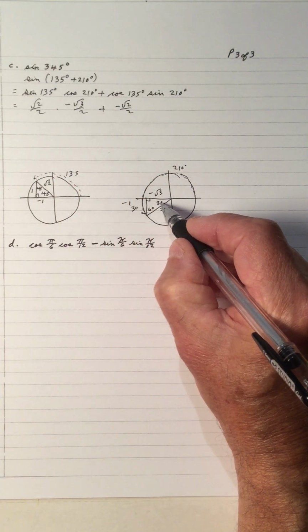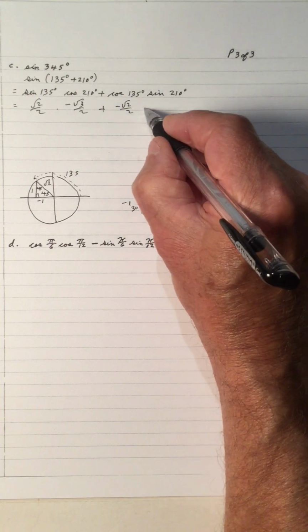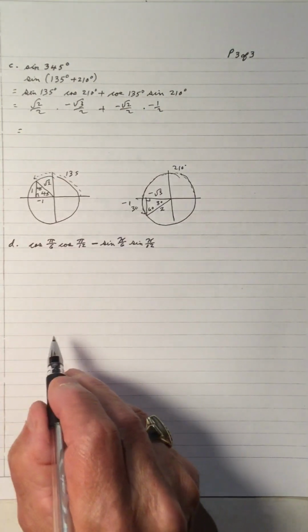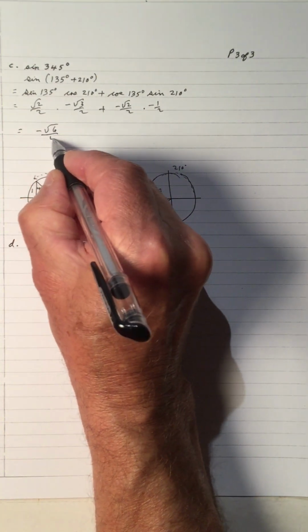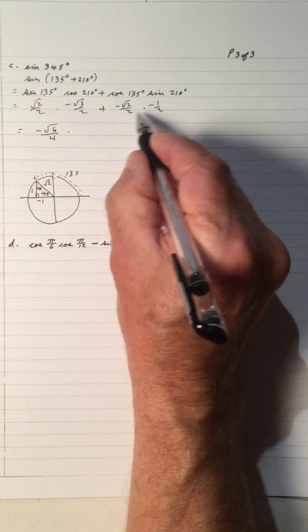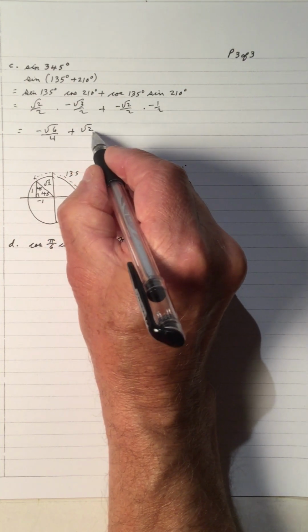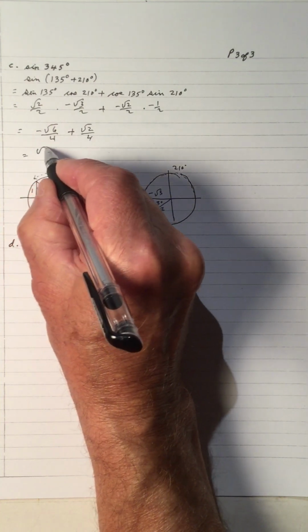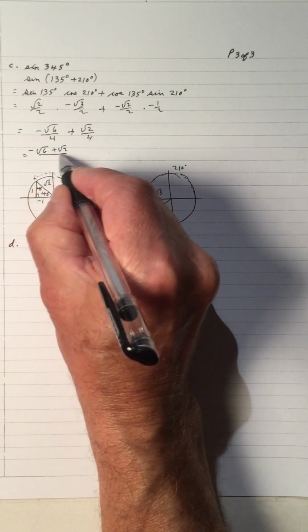And the sine of 210 is the sine of 30, opposite over hypotenuse, which is negative a half. And we simplify that. That gives us a negative root 6 over 4. And we multiply a negative by a negative, positive, so it's a positive root 2 over 4. And the answer is negative root 6 plus root 2 over 4.